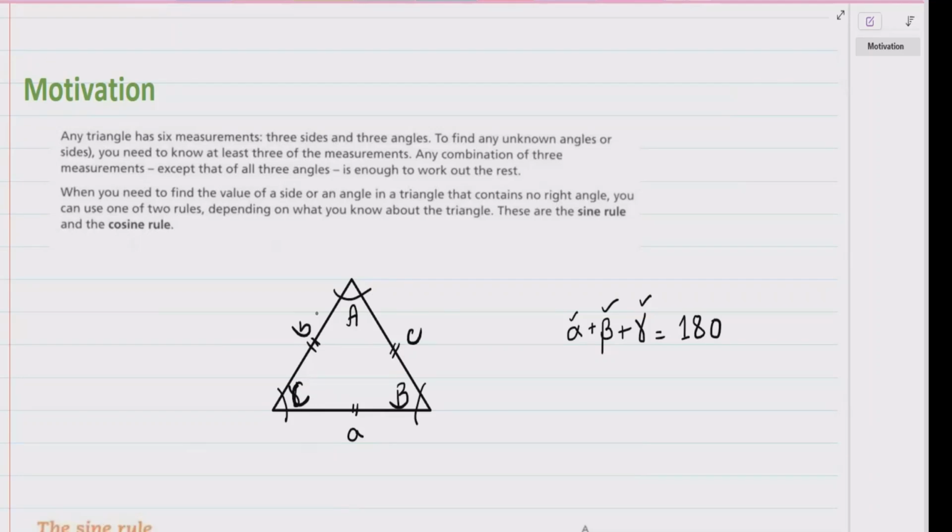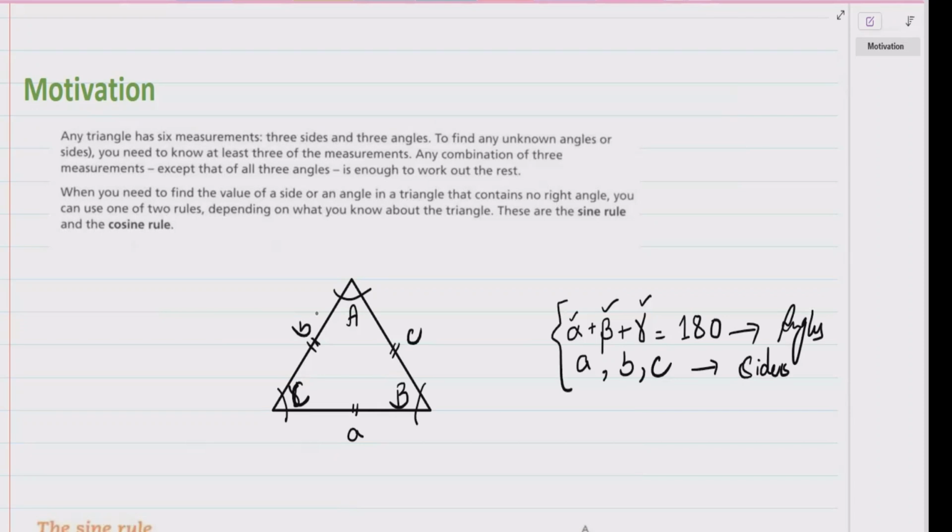Okay, so you can easily see now we have three side parameters and three angle parameters. These are angles, these are sides. The law of sines or cosines actually helps us to find these things.